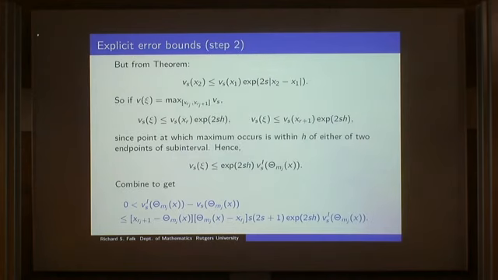So nothing too tricky here. However, I also have a second thing. Not only are the derivatives bounded, but any two points are related by that inequality. So even though I don't know what the maximum is, they can't be any farther away from the mesh point xr or xr plus 1 than this quantity.